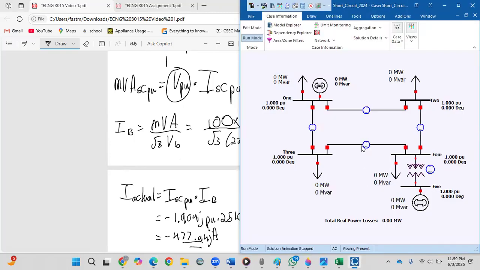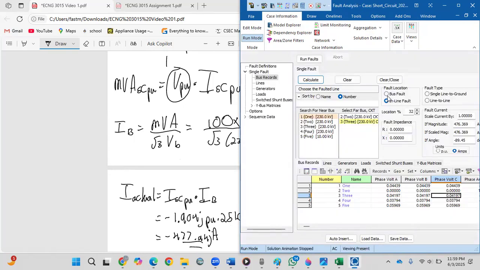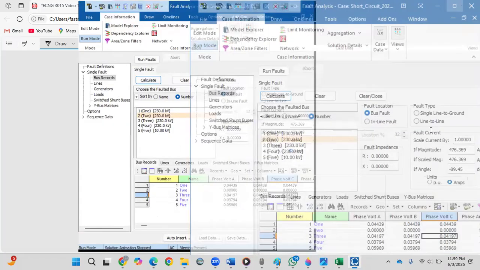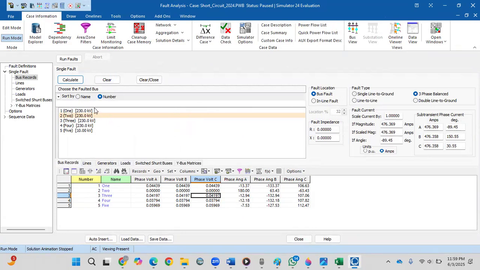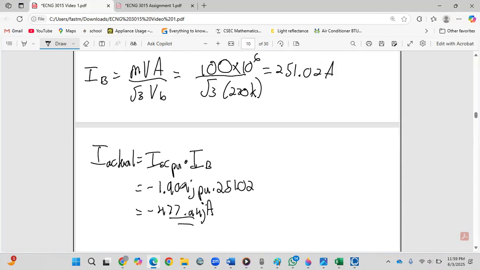And if we go back to our system faults, and we put a bus fault, and let's make it a 3-phase bus fault at bus 2, and we calculate it. So the calculated or simulated, if you want to be specific, answer is 476, and we got 477. So if we were to not round so much, we'd actually get an answer closer to what was simulated in Power.